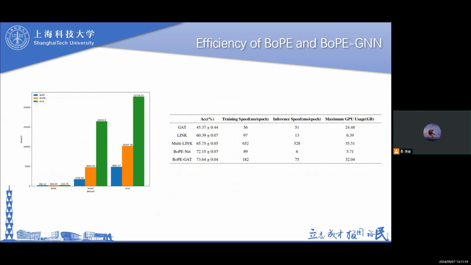By reducing the input dimension, we have reduced the parameter count of topology-based models, accelerated computation, and lowered the difficulty of training. For BOP-GAT, it consumes slightly more computational resources than GAT, but considering that accuracy improves by 25% over GAT, such additional costs are acceptable.